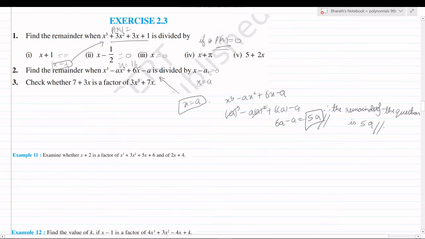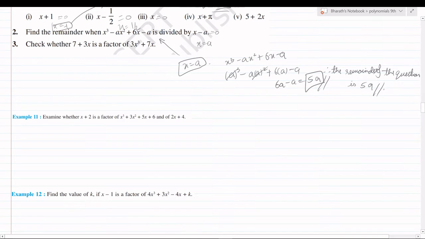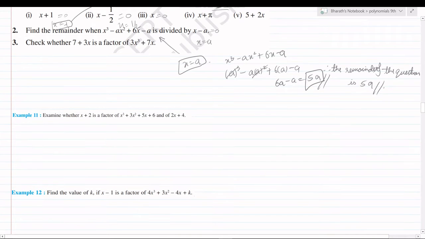Now when you go into the 11th example, examine whether x plus 2 is a factor of these. Here also same. Take x plus 2 is equal to 0, x is equal to minus 2. Substitute x is equal to minus 2 in this first. This is the first part, and this is the second part.